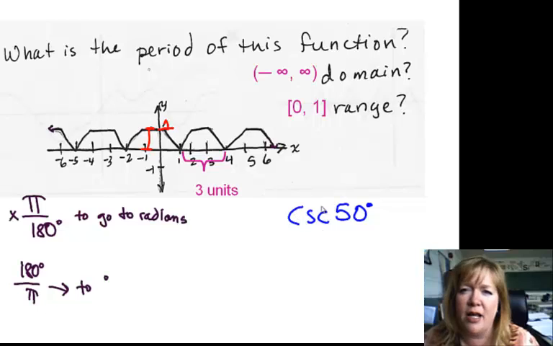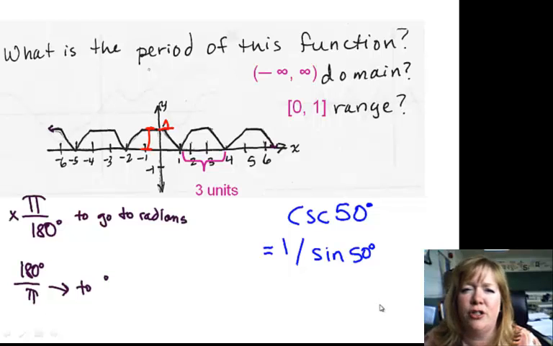Cosecant of 50 you would put in as 1 divided by the sine of 50 degrees. Same for secant: the reciprocal of cosine, so you do 1 divided by cosine of your angle. Cotangent is the reciprocal of tangent, so you do 1 divided by tangent of that angle. You'll need to know that for the homework that goes along with this one.